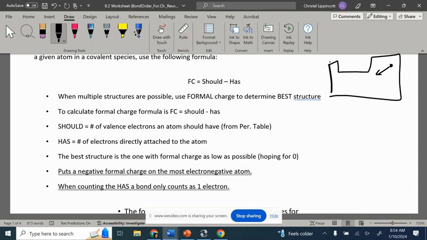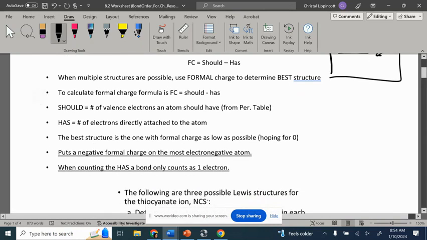Okay. So to calculate formal charge, your should part of this is the number of valence electrons that they should have. So you just look on the periodic table, 1, 2, 3, 4, 5, 6, 7. Okay, you can do that. The has is the number of electrons directly attached to the atom. Okay.